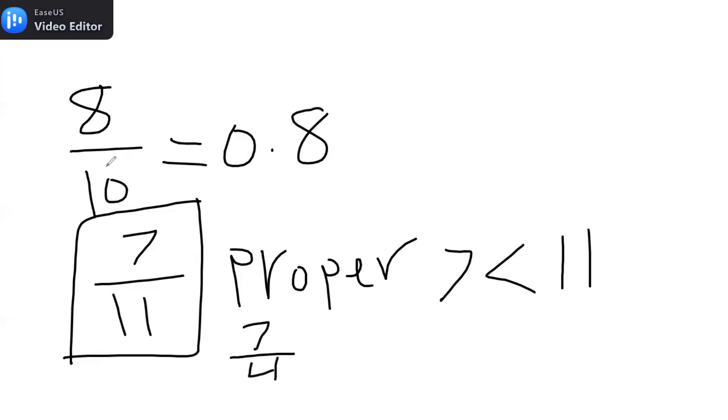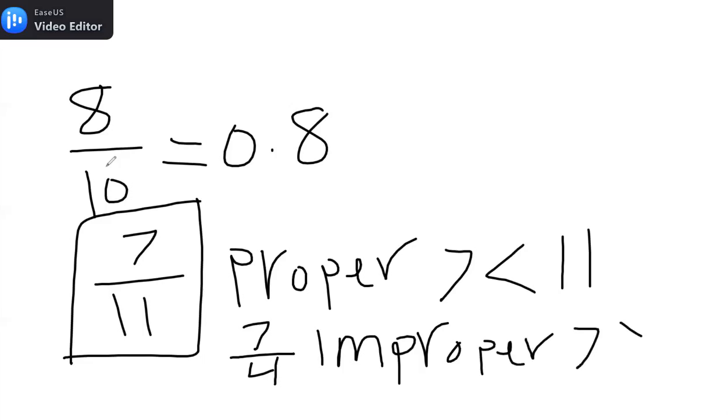Seven quarters. Is it a proper fraction? No. What is it? Improper. Why? Because 7 is greater than 4.